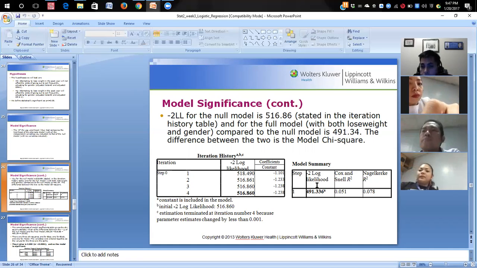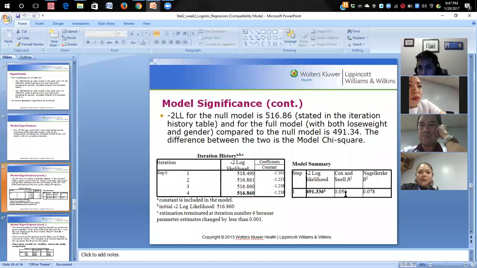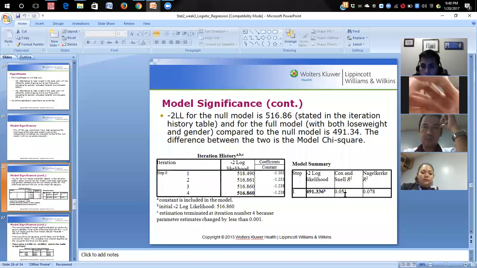And then the Cox and Snell R-squared and the Nagelkerke R-squared are between 0.051 and 0.078. What that tells you, always remember that the R-squared is the shared variance of the independent and dependent variables.